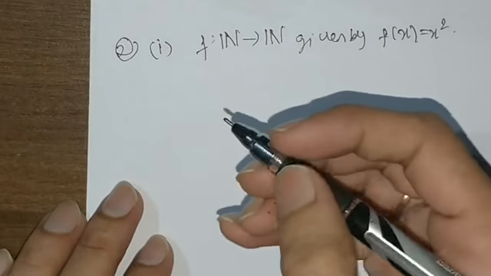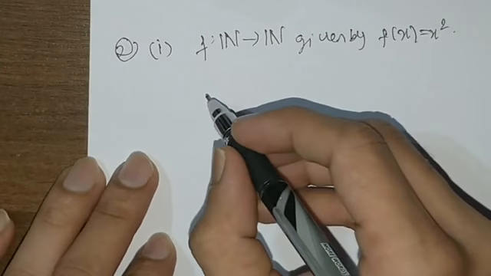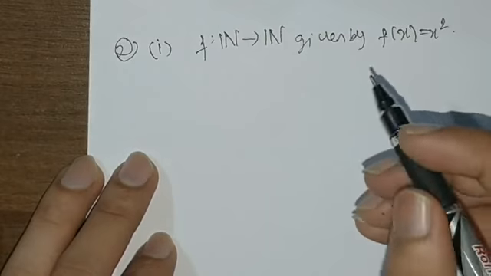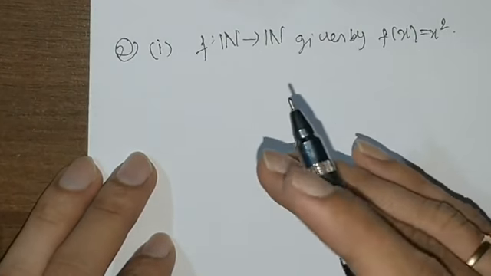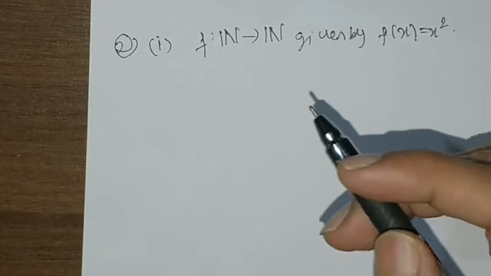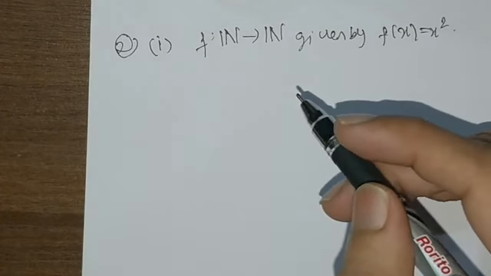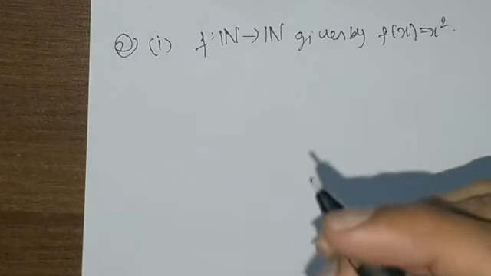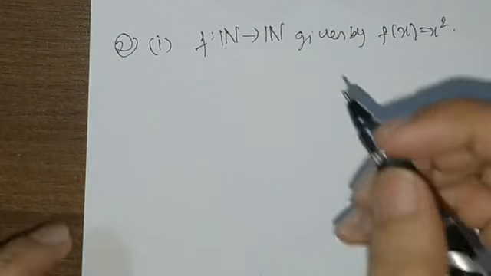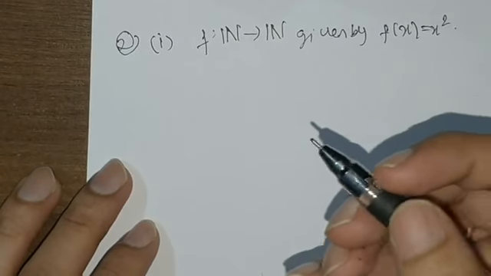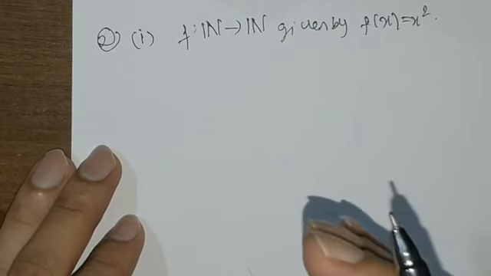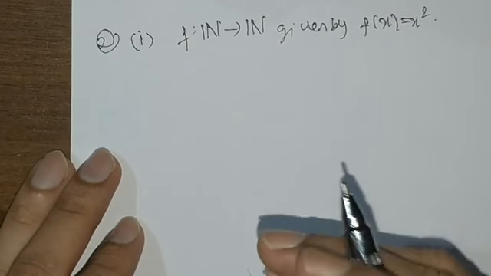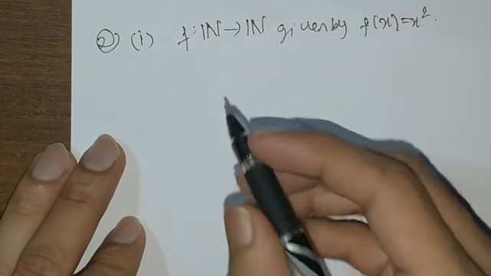So first we will see whether the function f is 1-1, right? You have to see this in your mind, and just see whether the function f is 1-1 or not. So you can see that this function is 1-1.